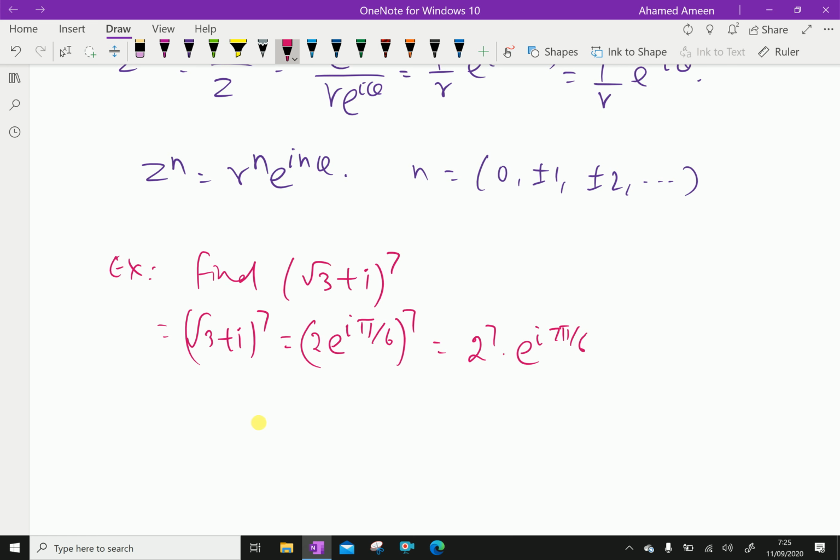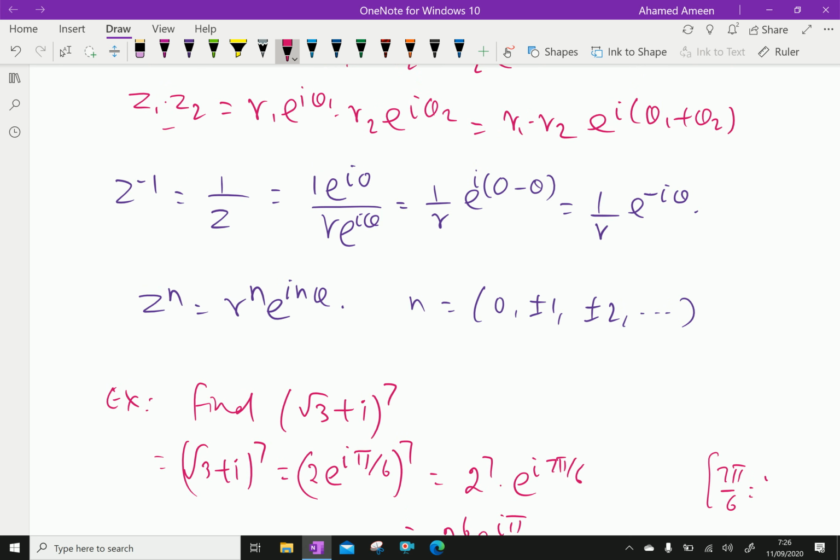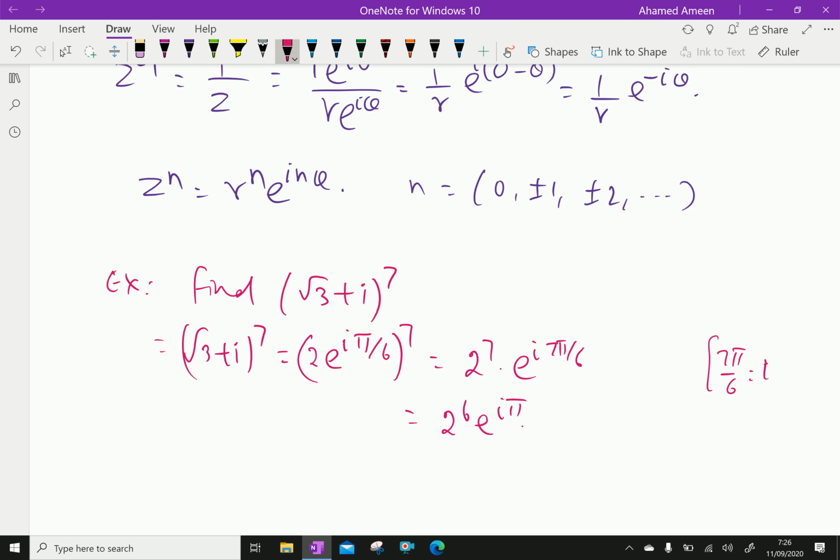Further it is expressed as 2 power 6 e power i pi, because we can express 7 pi by 6 as pi plus pi by 6.